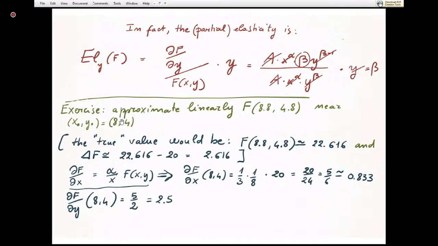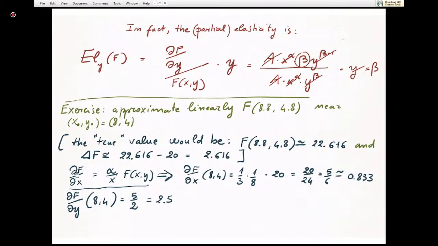Then I will add the initial level, and I have the linear approximation to the value of the function in the new input level. I have to compute the partial derivative with respect to y at the initial point. We did that already in our exercise. The partial derivative with respect to y is 5 over 2, 2.5.